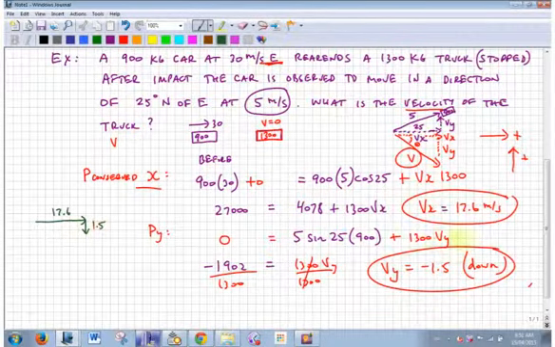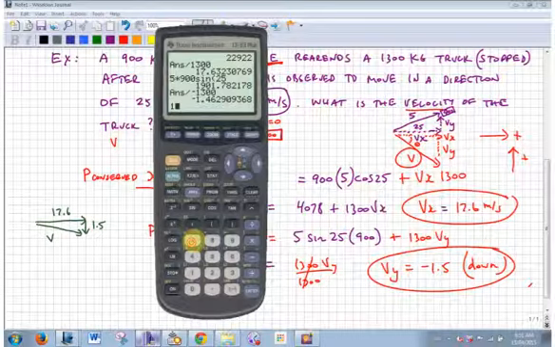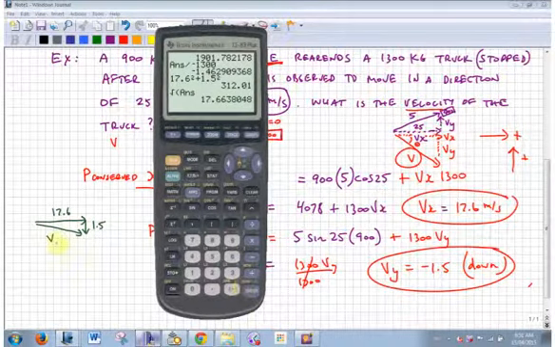Try to make it accurate according to my numbers. That's the resultant. That's the velocity of the truck. And that will be 17.7.